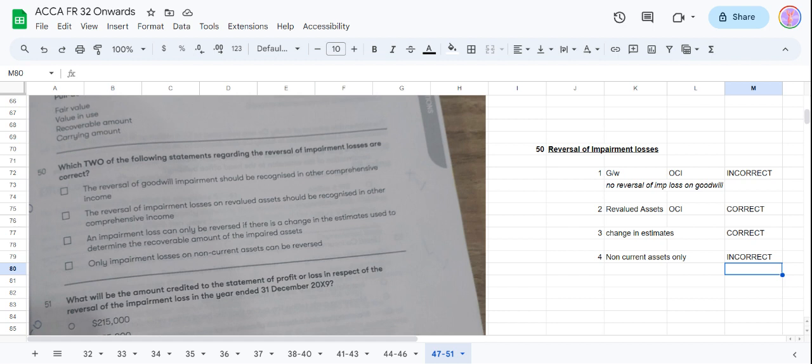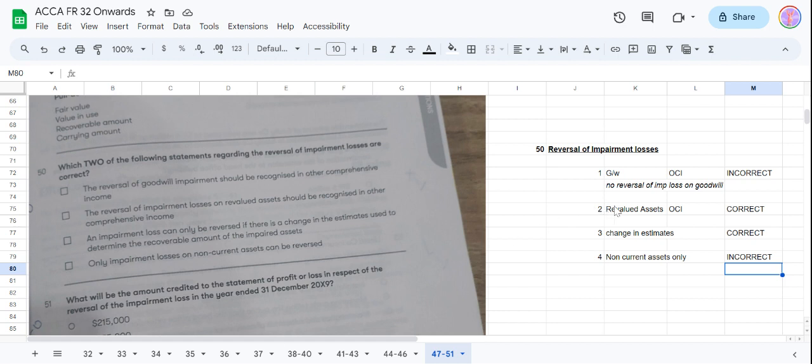IAS 36 does not apply to inventories, but any other assets are not scoped out. It doesn't scope out other current assets. So it is nothing like that.